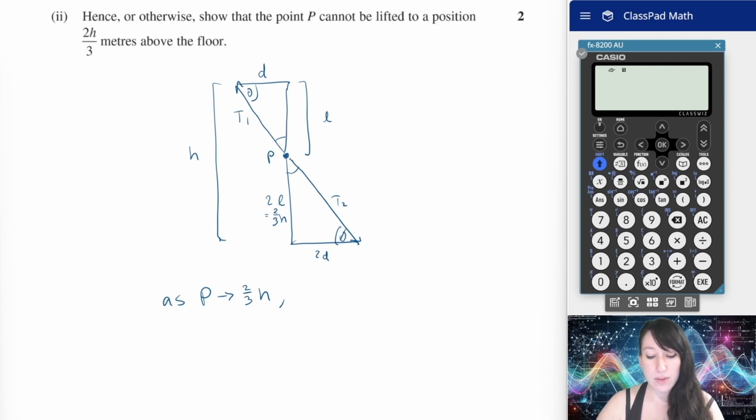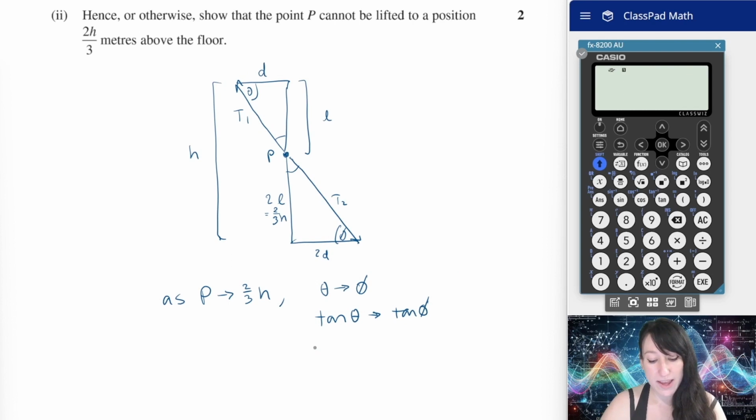So those two angles, theta and phi, will be approaching each other in size, will be approximately equal to each other.